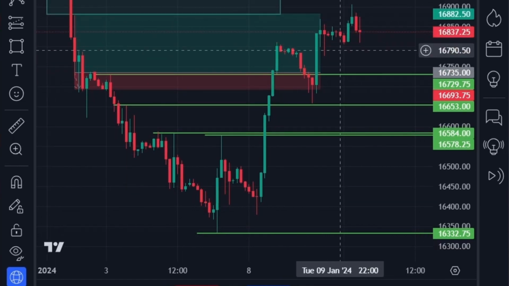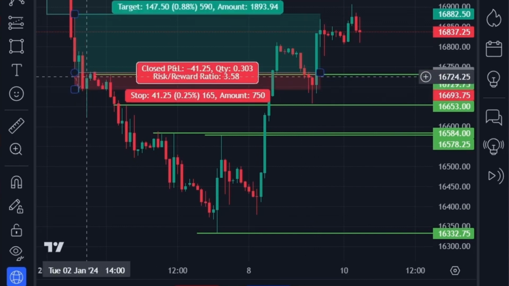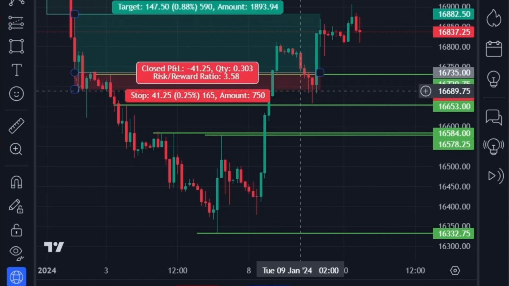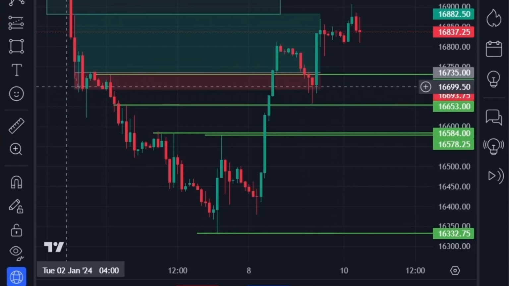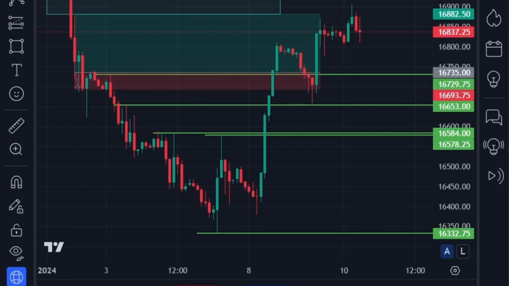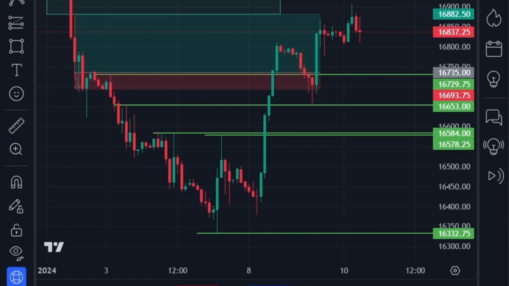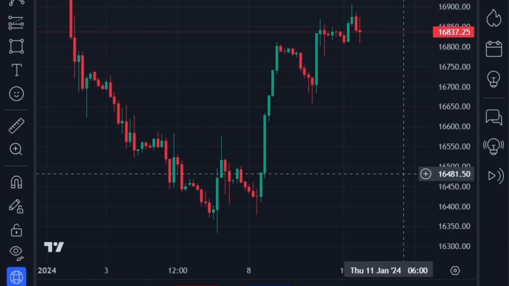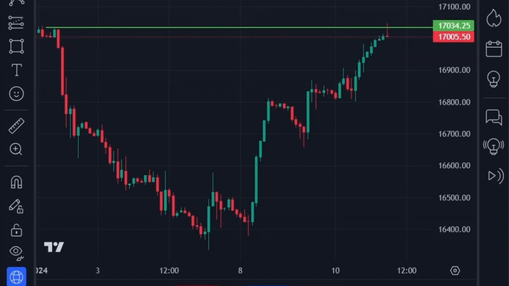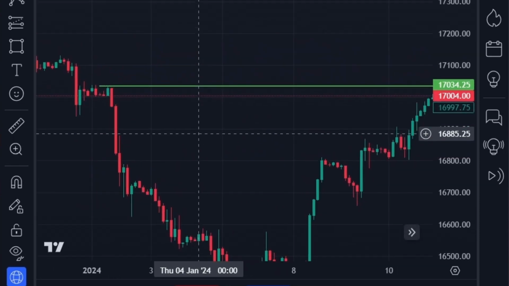As you can see, it did work here, because this breaker block is supporting price right here. The candle did not close below the breaker block. The market eventually hits the high level right here.